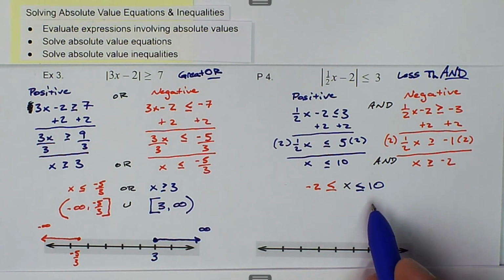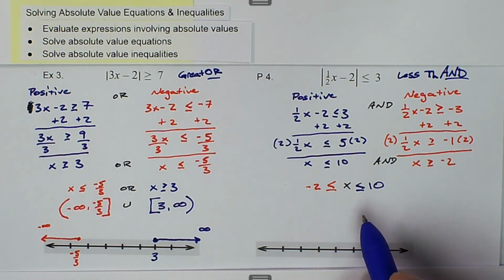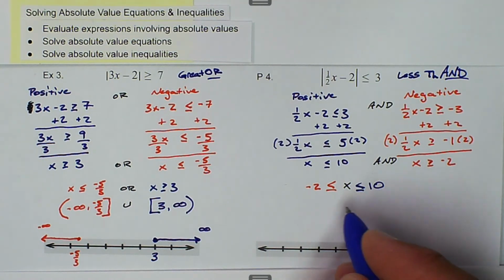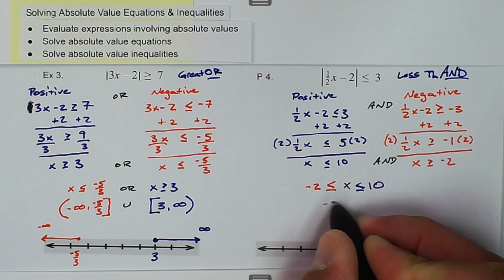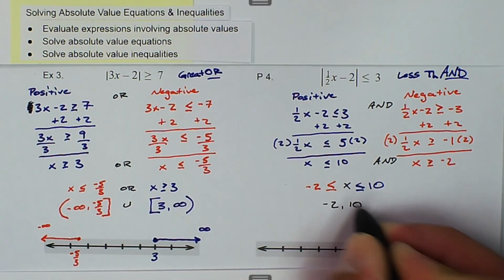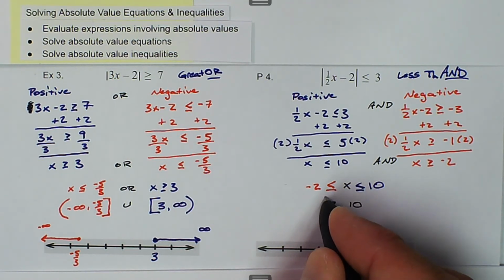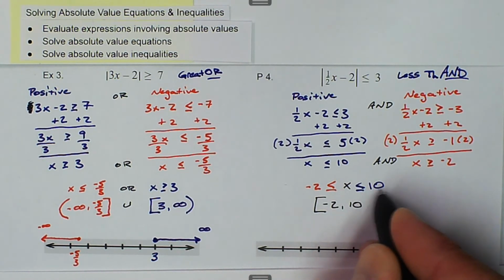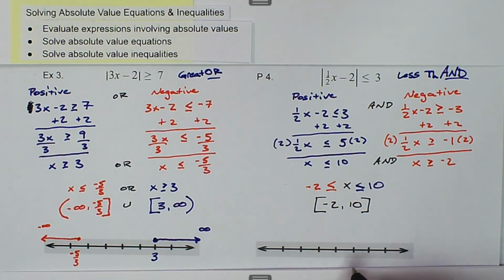When we write that in interval notation, we just write down negative 2 and 10. Negative 2 is included because of the equal sign, so we use a bracket. 10 is included, so we use a bracket. And then we go to graph that.